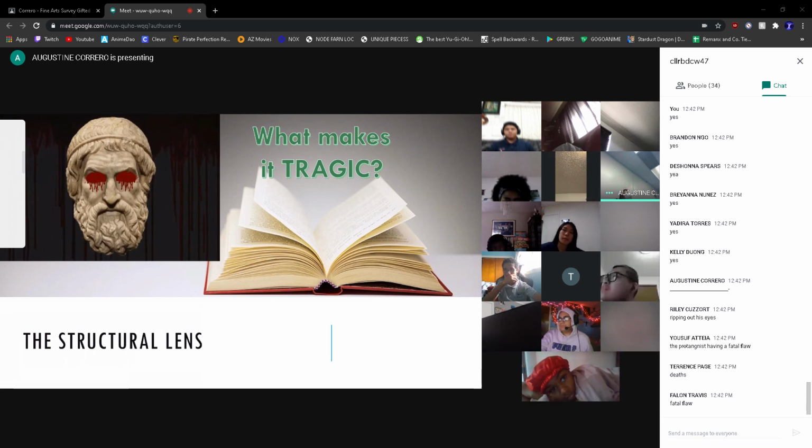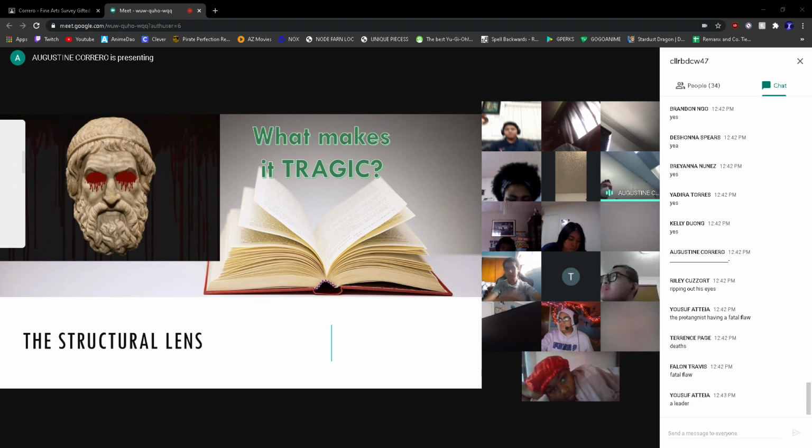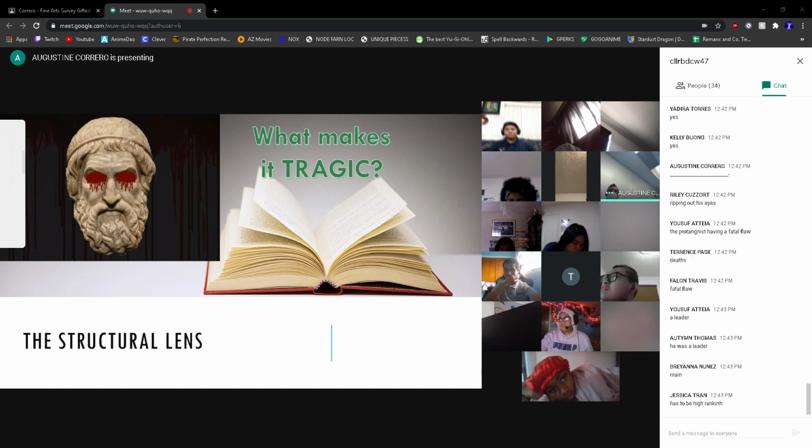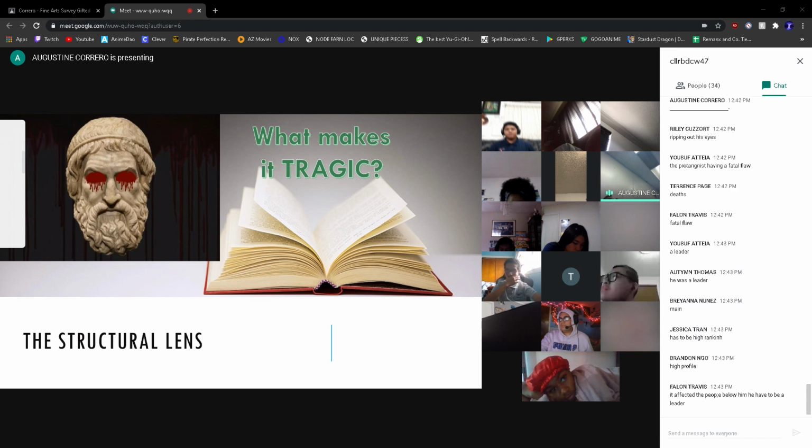What else do we need for it to qualify as a tragedy? We got a fatal flaw. Is there anything unique about the protagonist? Can the protagonist just be anybody? All right. Got to be generally a leader, high ranking, high profile.